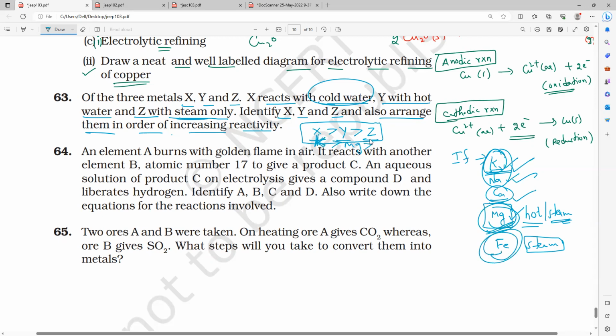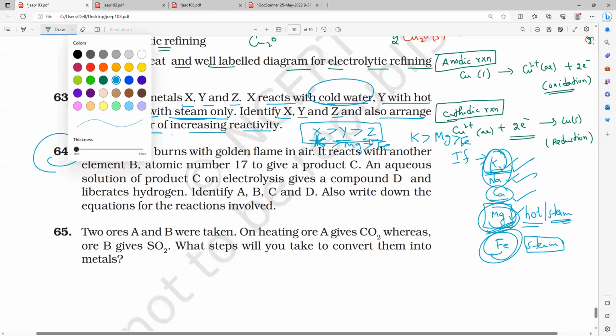If I choose iron, I will write iron. So your choice it is. I will write potassium greater than magnesium greater than iron. If I choose zinc, you write zinc. If I choose aluminium, you write aluminium. Only steam. So you specify your choice and you write it. That is very important. Okay. Clear, everybody?